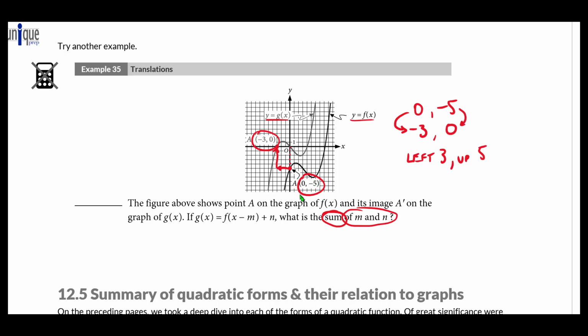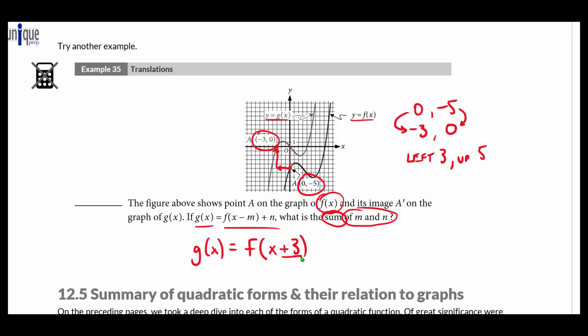So what does that mean about the relationship between the actual functions? It means that in order to get g of x, we would have to take the f of x function and, if we want to go left 3, we need to do plus 3, right? f of x plus 3 will shift the graph of f of x left 3 units.